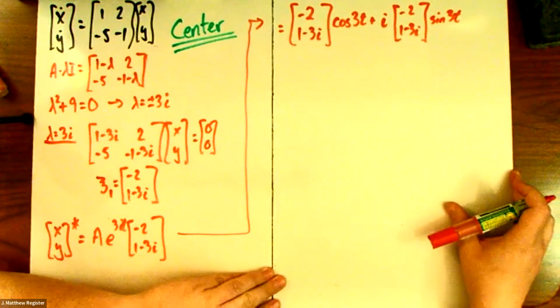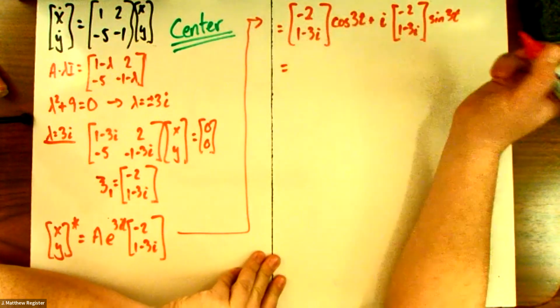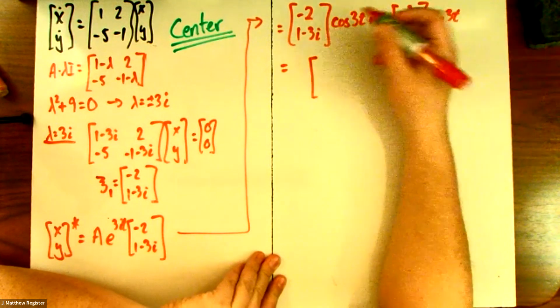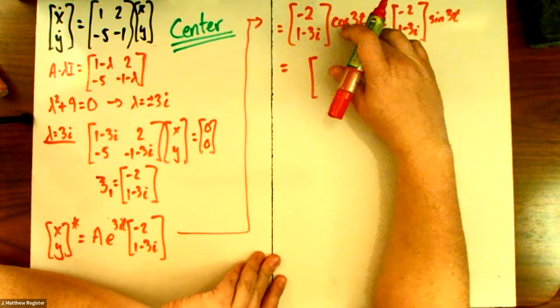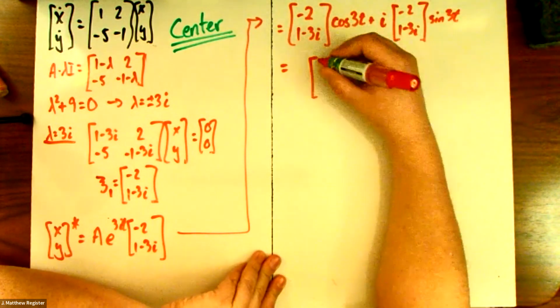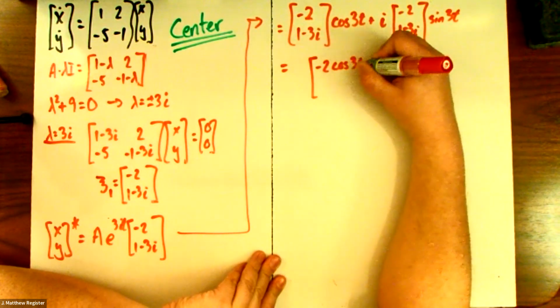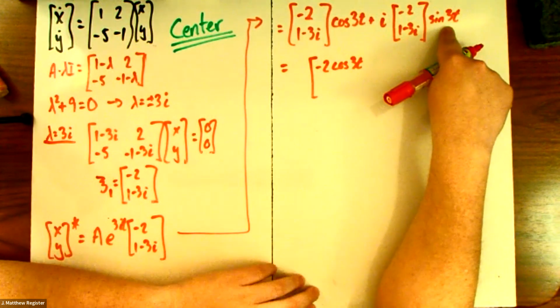Well, now we need to break this into the real and imaginary parts. And there are multiple ways we can do this. I usually just go one term at a time, real and imaginary. And so looking at this, we have the negative 2 cosine of 3t. That is a real term. The i negative 2 sine of 3t, that's imaginary.